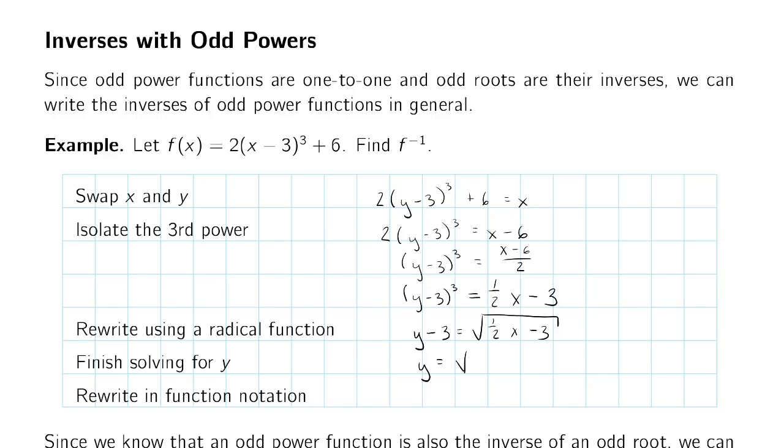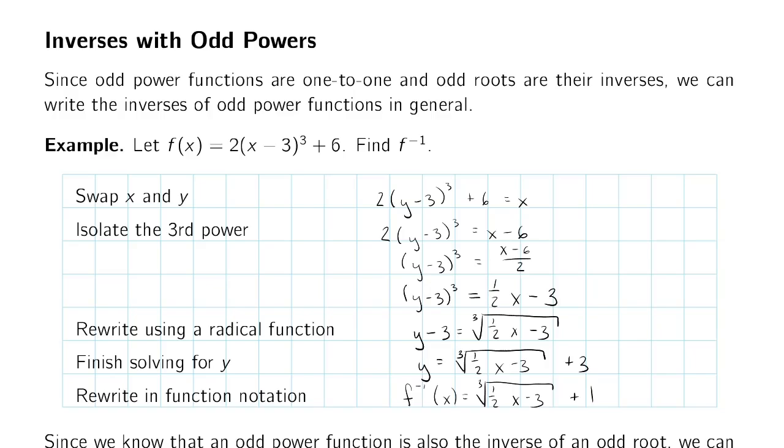Y is the third root of half x minus 3 inside the root, plus 3 outside. And so our f inverse of x is the third root of half x minus 3 plus 1.